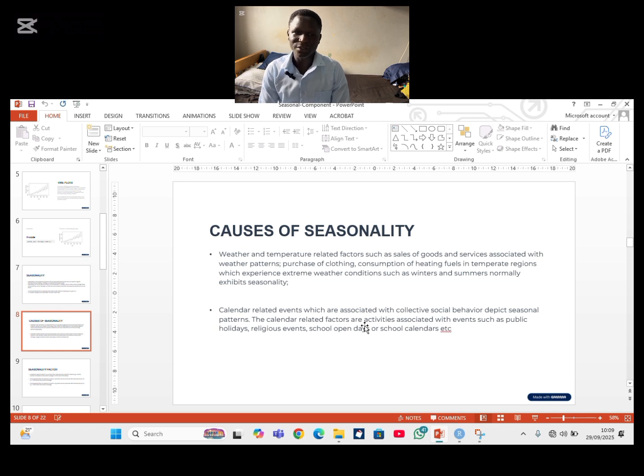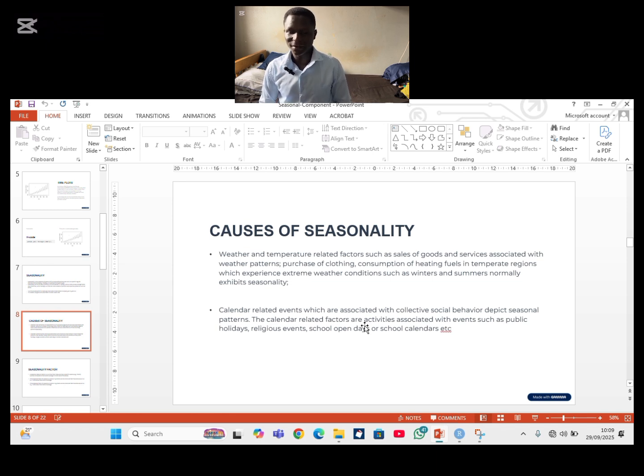You realize that in a year, there are months where we receive heavy rains, and there are months where we receive the dry season. And there are those seasonal goods, such as umbrellas and raincoats. They will receive more sales at a period when there are heavy rains. Why? It's because that's when people buy the most, and that's when the need is there.